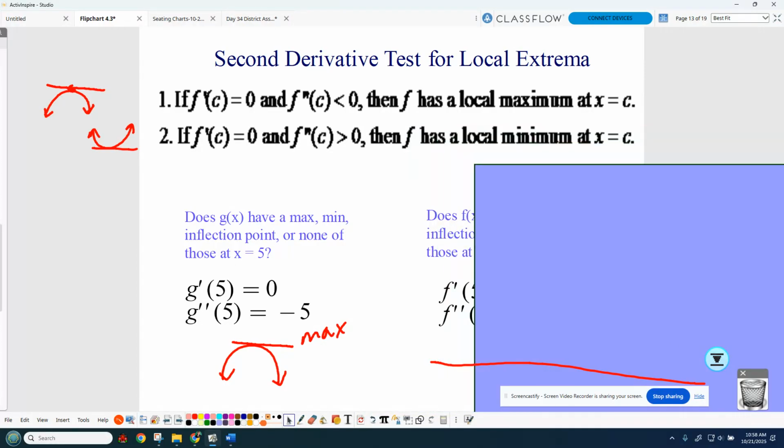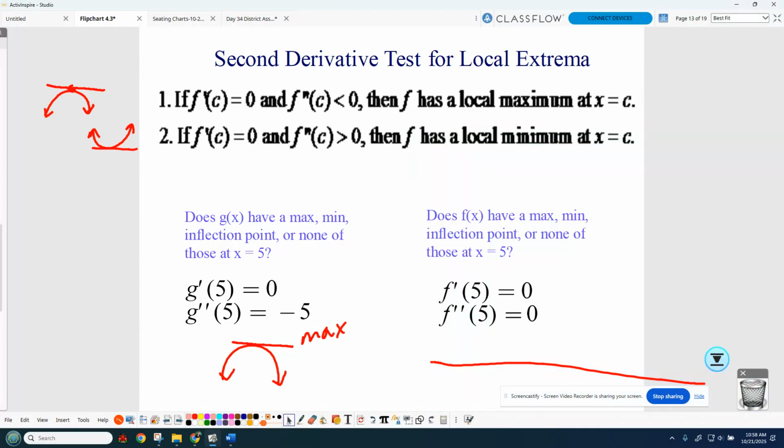Cool. Lily, what about that one? Do we know? I don't think we know. It might have an inflection point. We don't know about the sign change, so you're not sure.